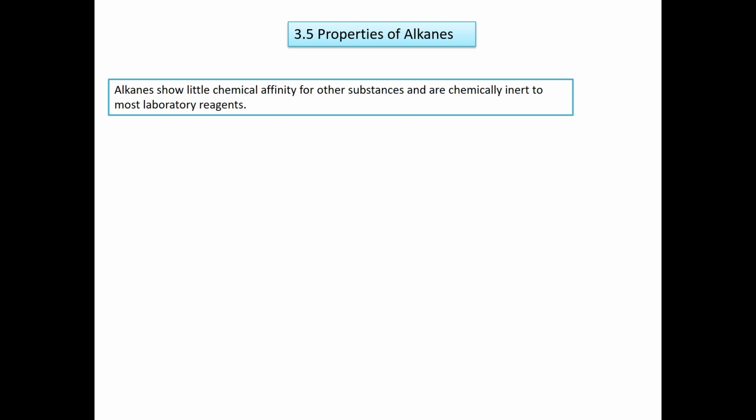Properties of the alkanes. Alkanes show, as we saw before, little chemical affinity for other substances and are chemically inert to most laboratory reagents. Basically, the most common reaction for alkanes is burning, like paper, like benzene, etc. We have, for example, methane.